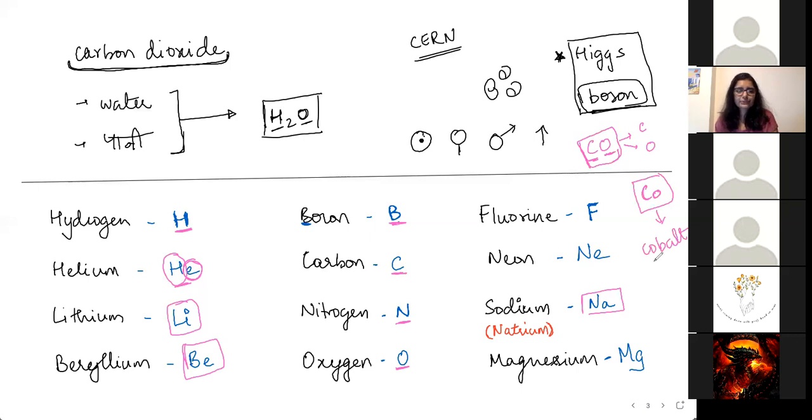Since a lot of you guys do art, you must have heard of cobalt blue, right? Like tubes पे लिखा हुआ होगा. So cobalt is actually a metal, जिसका symbol है Co. So the capital letter, small letter, whatever you write, is so important so that this kind of confusion does not happen. Carbon monoxide is very different from cobalt metal. So you need to be careful what you're writing in capital and what you're writing in small letter. That's an important point you guys need to take care of.